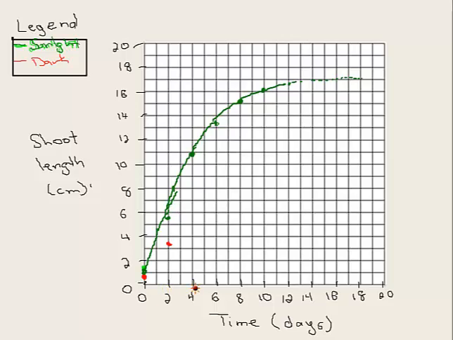So we're going across to 4 days and up to 4.8. So there's 5, so 4.8 is going to be about here. And then 6 was 5.5, over to 6 up to 5.5.